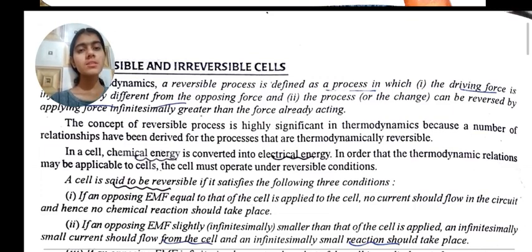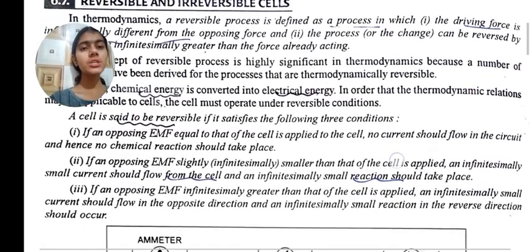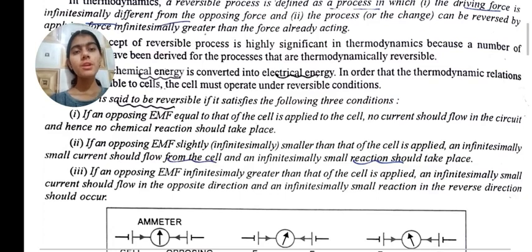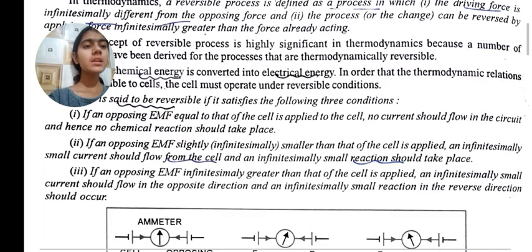A cell is said to be reversible if it satisfies the following three conditions. First condition: if an opposing EMF equal to that of the cell is applied to the cell, no current should flow in the circuit and hence no chemical reaction takes place. Second condition: if an opposing EMF slightly smaller than that of the cell is applied, an infinitesimally small current should flow from the cell and a small reaction should take place.